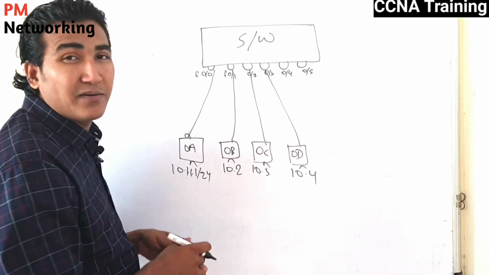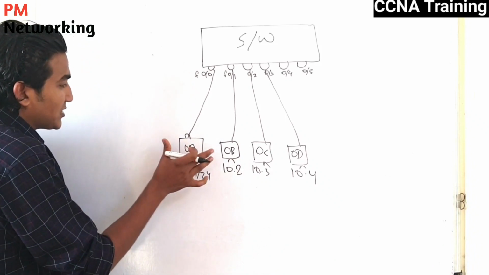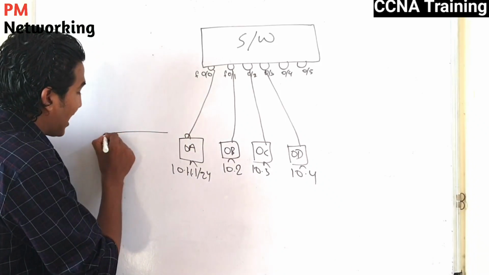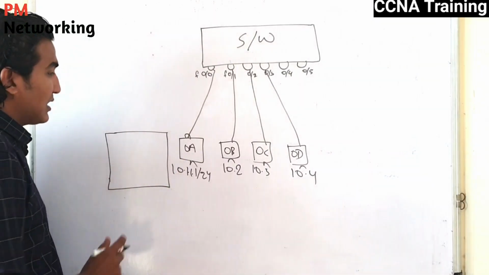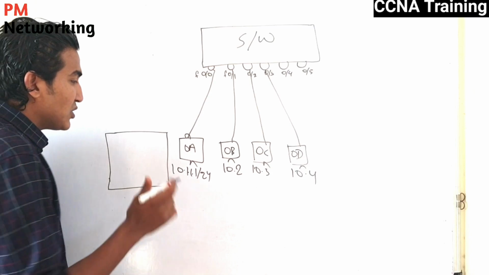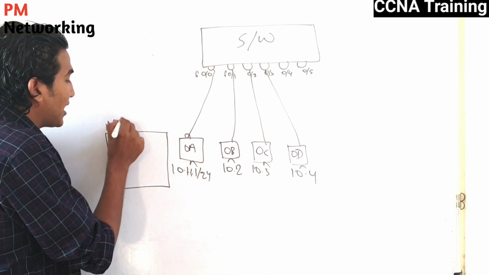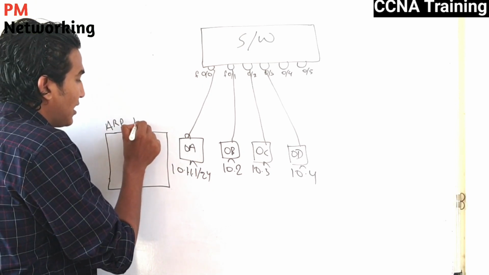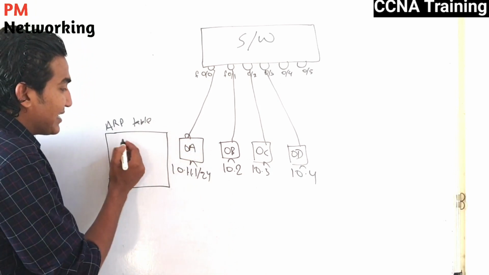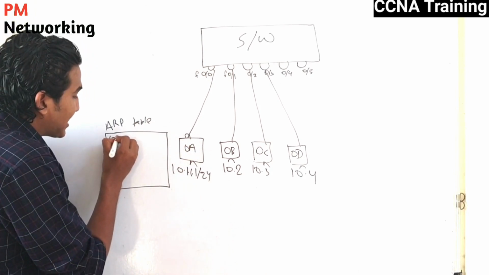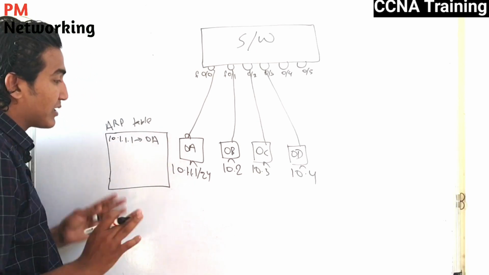So when we configure an IP address on the Ethernet port, what will this PC do? This PC will start maintaining a table called the ARP table. What information will the ARP table contain? IP address and MAC address. So this PC will make an entry in its ARP table. This is the ARP table of PC1, right? PC1 will make an entry in its ARP table that IP address 10.1.1.1 has MAC address 0A.